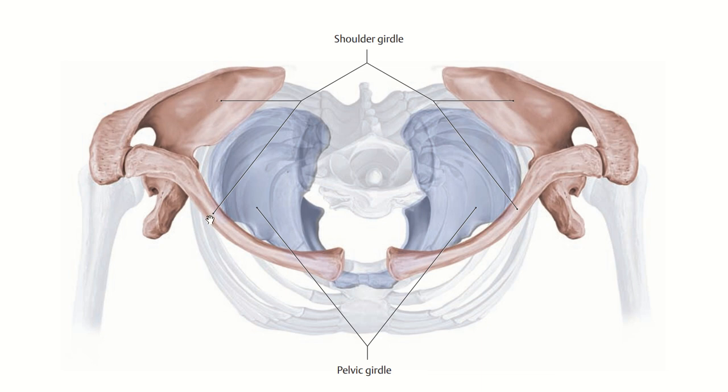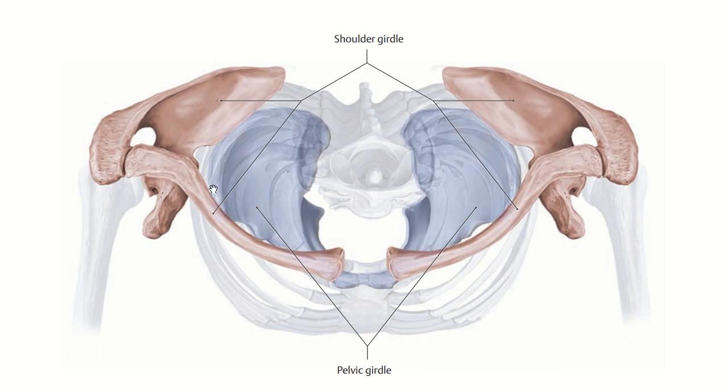Let me repeat. The weakest point of the clavicle to fracture is the junction between the middle third and the lateral third. You understand? So that's where the clavicle is going to fracture.